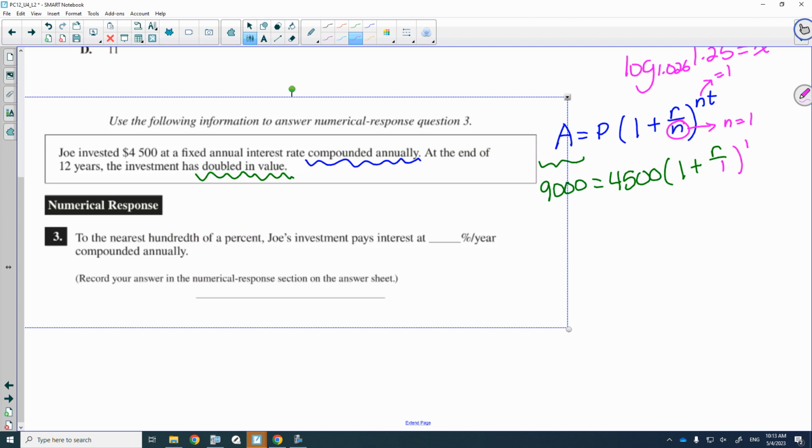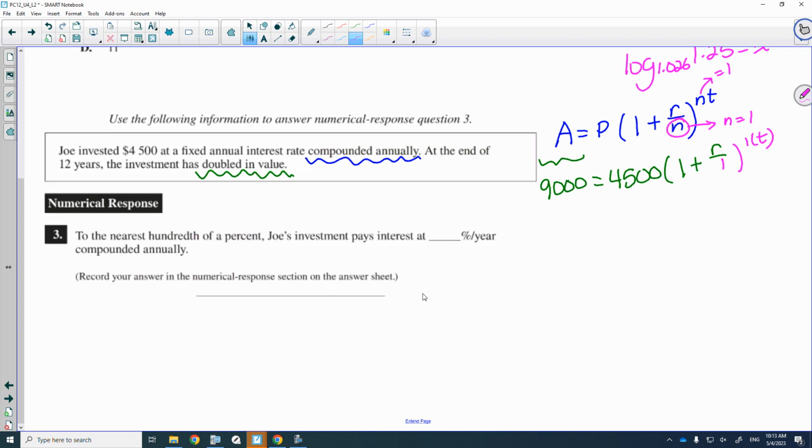And then 1 times T. Okay, so I could clean this up a little bit by, let's divide 4,500 by each side. We're going to get 2, so doubling. So there's my 2, it's doubled.